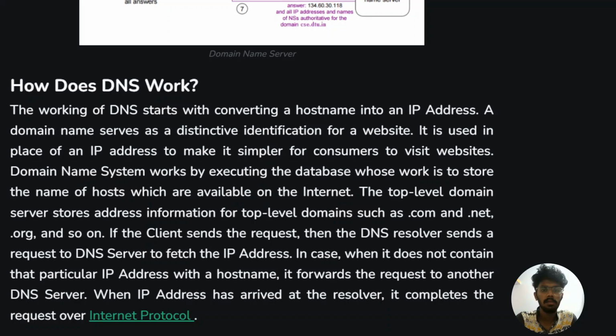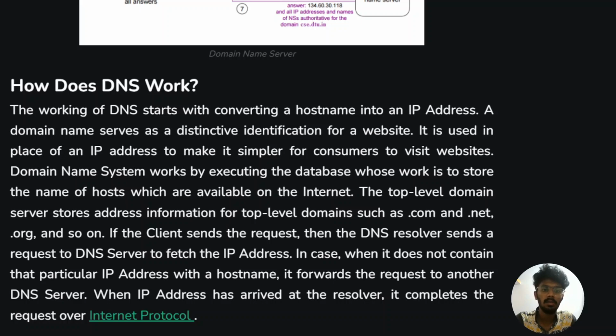The working of DNS starts with converting the hostname into the IP address. A domain name serves as a distinctive identification for a website. It is used in place of an IP address to make it simpler for consumers to visit websites. Domain system works by executing a database whose work is to store the names of hosts which are available on the internet.